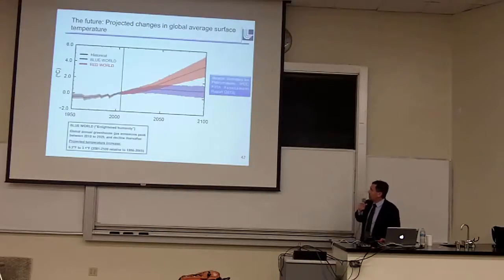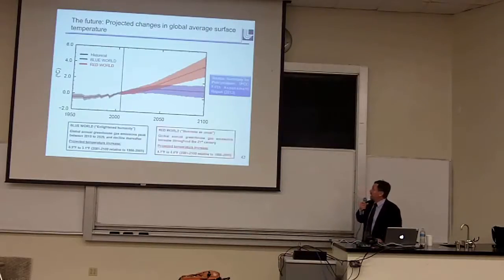The blue world, I like to call enlightened humanity, has global annual greenhouse gas emissions which peak between 2010 and 2020 and decline thereafter. And in blue world, you get an estimated global mean temperature increase from roughly 0.5 to 3 degrees Fahrenheit by 2100.